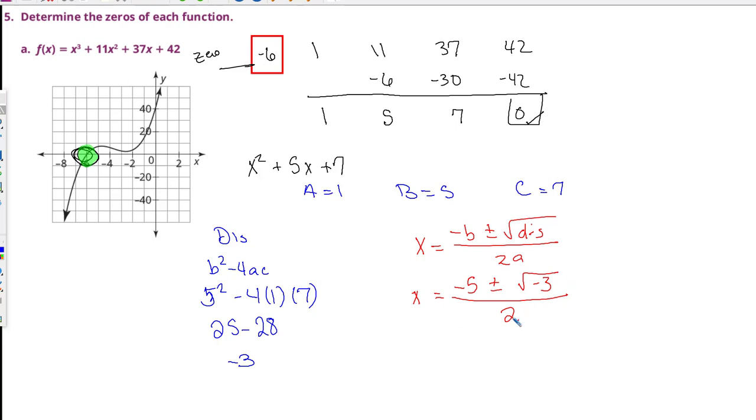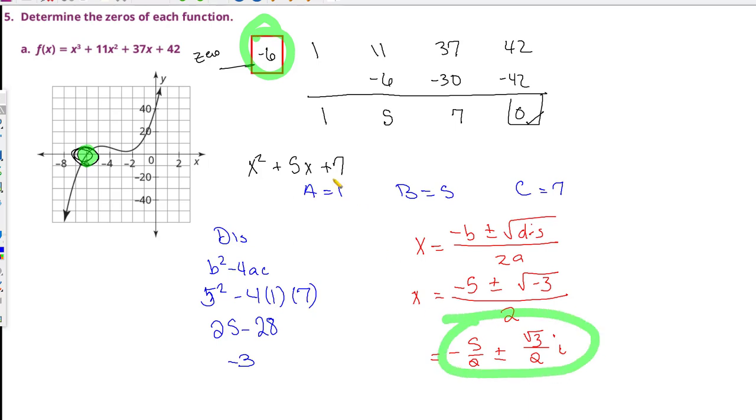Well, we can simplify this down a little bit more. And so that would give us negative 5 halves plus or minus the square root of 3 divided by 2, and that negative came out as an i. So here's the other 2. So our roots are going to be here for all the zeros.